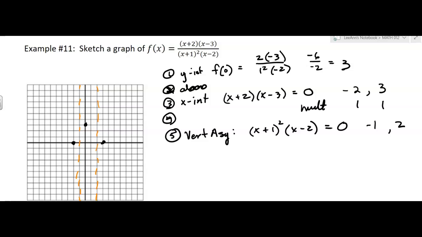Okay, and now step 6. By the way, step 4 was the multiplicities. Okay, step 6. What do we want to do there? Oh, there's no, it's done. There's no removable discontinuity.